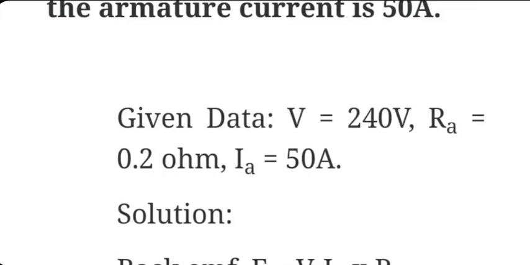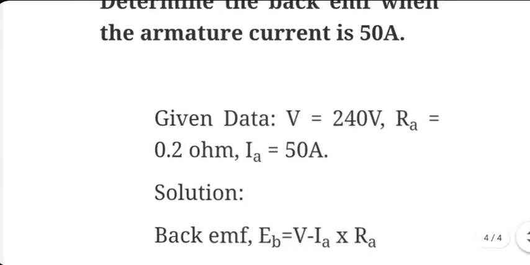Okay, in this case, they are not calling it VT, they are calling it V, which is fine. Notations always change depending on where you're looking. So VT is 240 volt, RA is 0.2 ohm, and IA is 50 amperes. So EB is VT minus IA RA. I guess we are assuming shunt connection here, or separately excited connection by default.